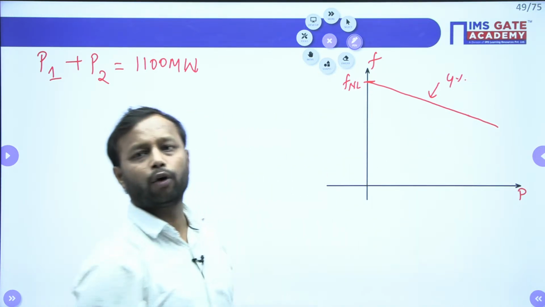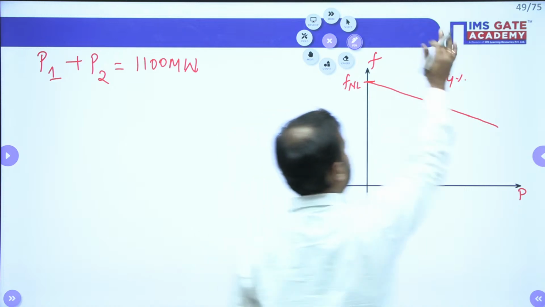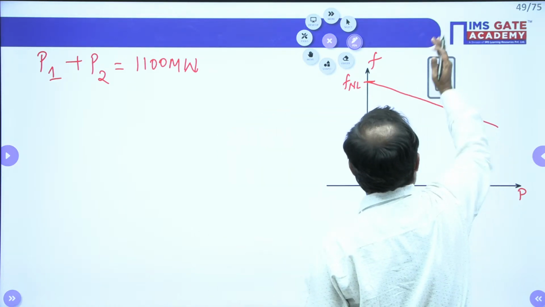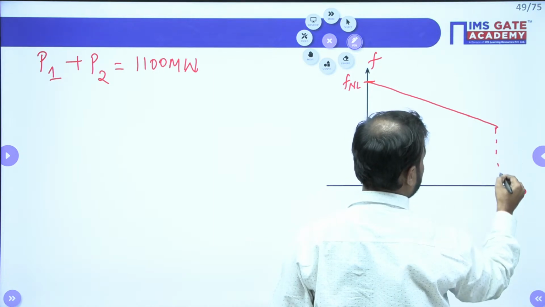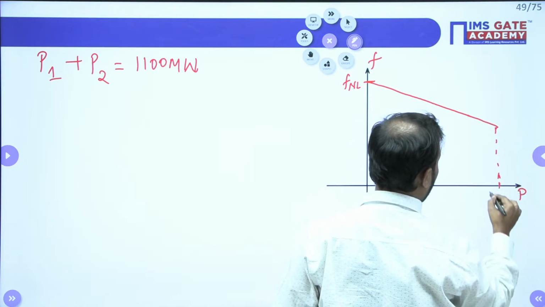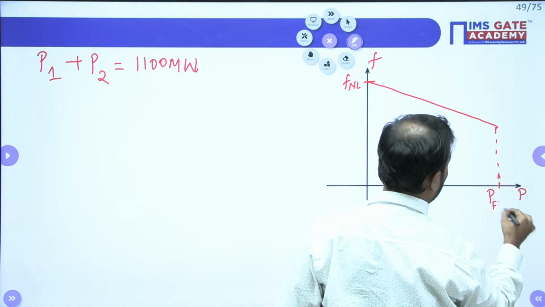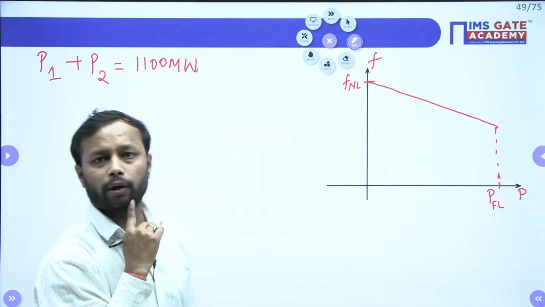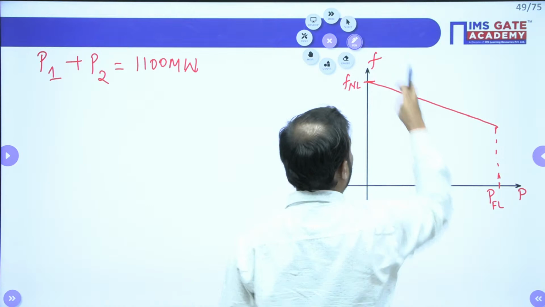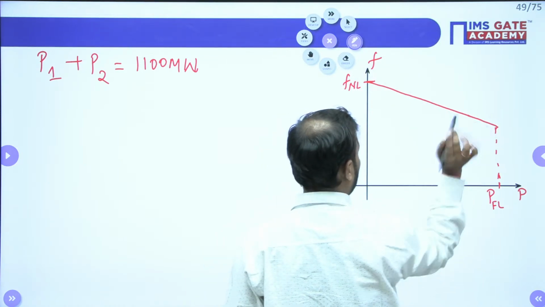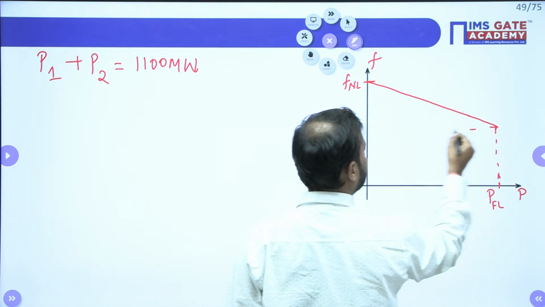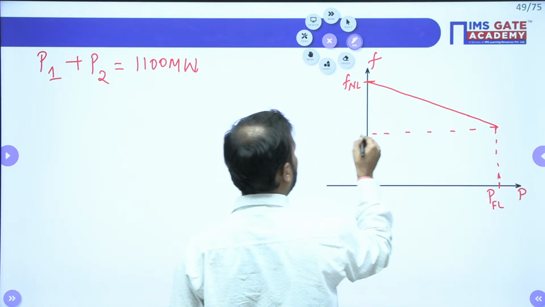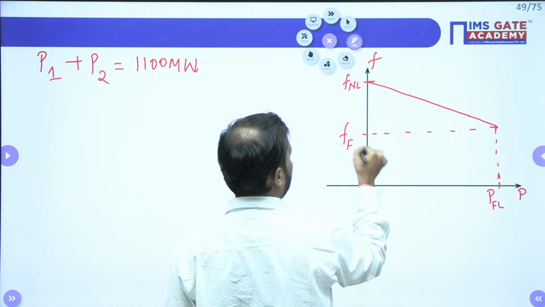This is not required here. Now let us take this point as P full load, and your machine is operating at a full load frequency of FL.